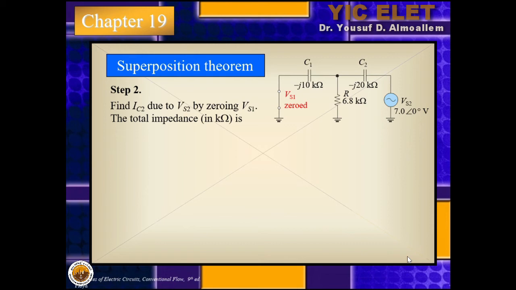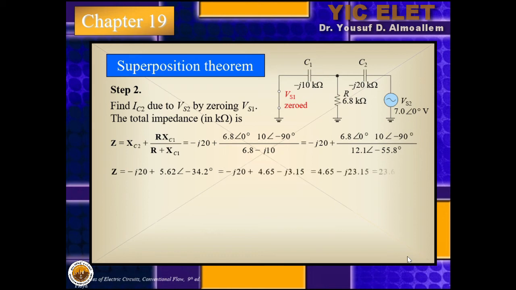So doing so, first of all, I have to draw the circuit again, switch off VS1, switch on VS2, and then plug these numbers in to find out what is the total impedance, and it will be C1 in parallel with R, all together in series with C2. So R with C1 divided by R plus C1, all this is in parallel, then it will be added to the series XC2.